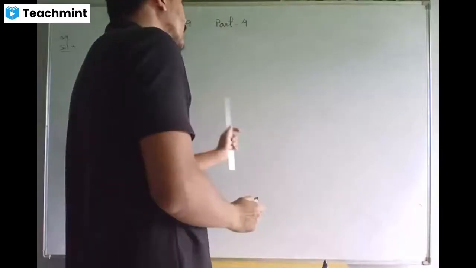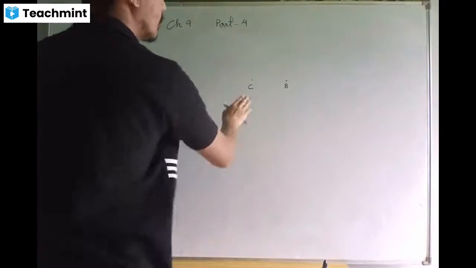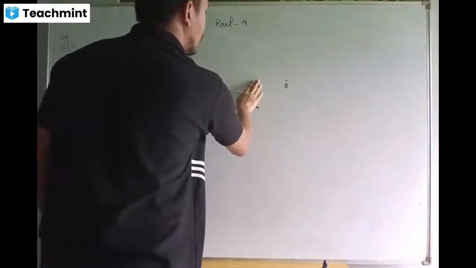There is a TV tower. Let me first draw the banks. This is C, the opposite bank. If D is one bank of the river, this C is the opposite bank.